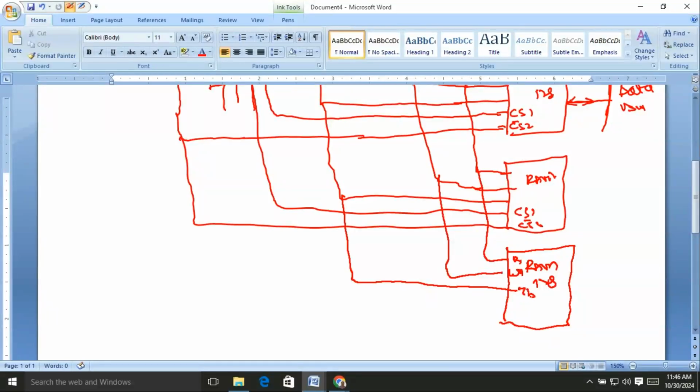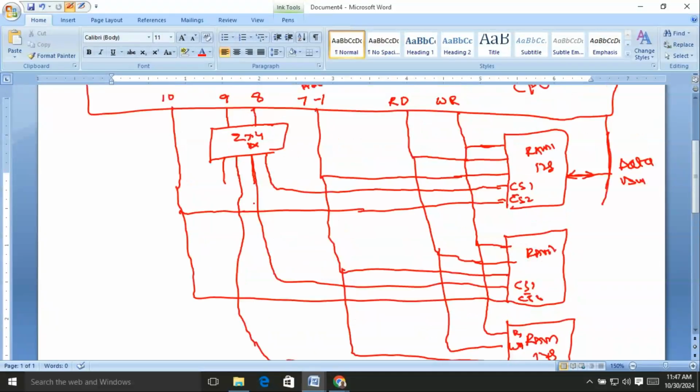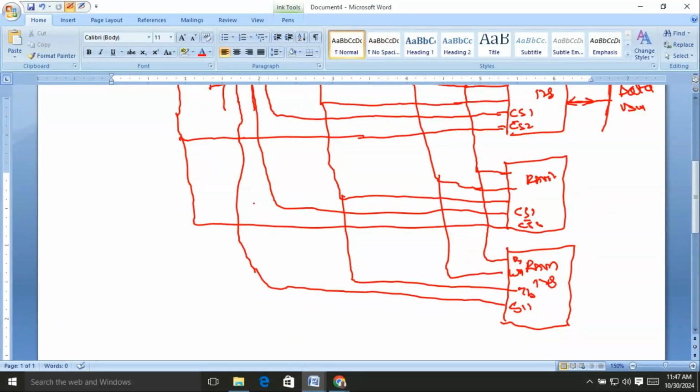The third output of the decoder is connected to the CS1, chip select 1. And the last bit, the 10th bit, is connected to the CS2 bar. This is the third RAM chip.